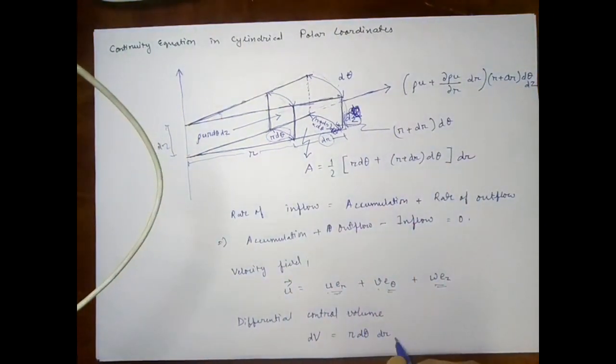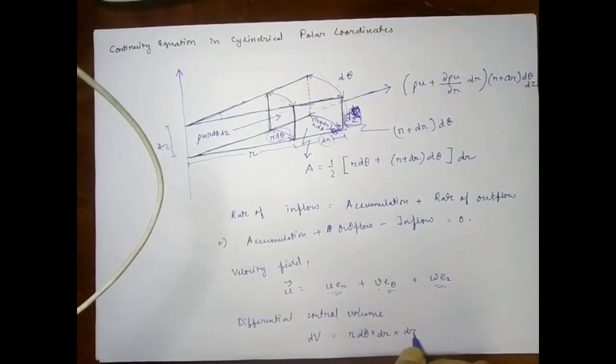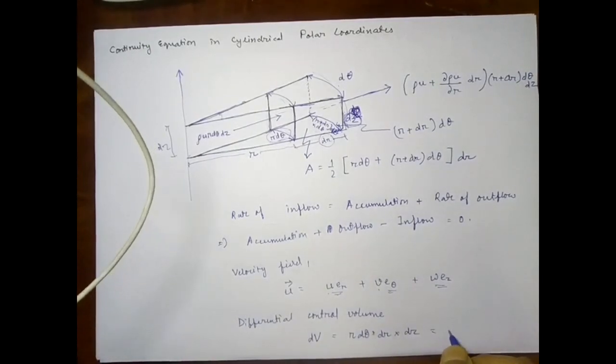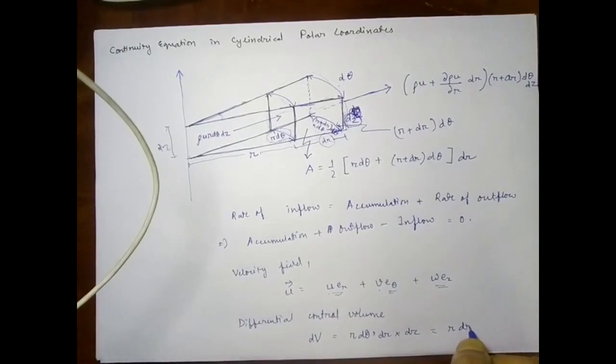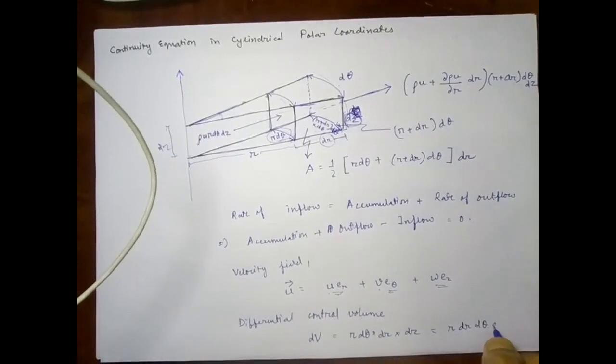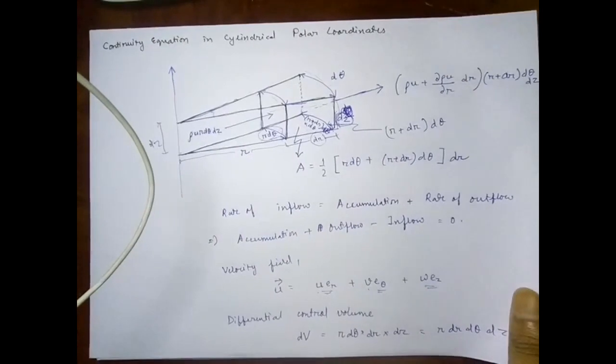So it will be r d theta times dr times dz, and on arranging it becomes r dr d theta dz. So that was our control volume.